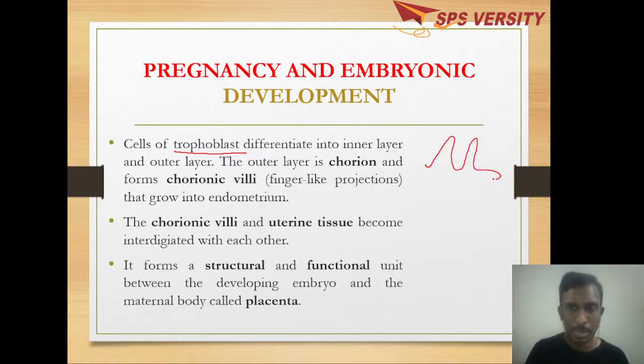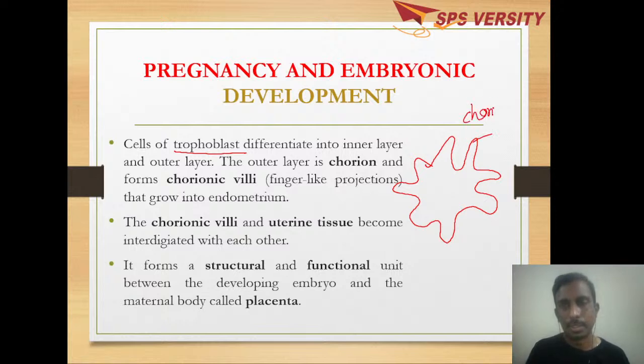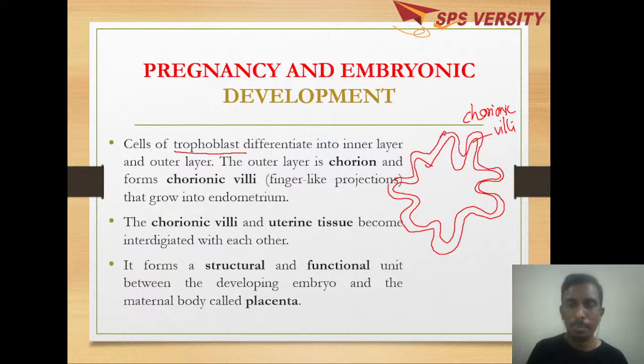These finger-like projections are called chorionic villi. In between these projections, the uterine tissue is fixed. This uterine tissue along with the chorionic villi will form the placenta.